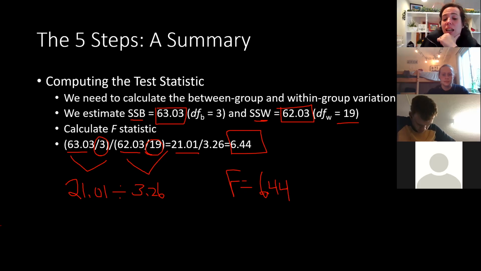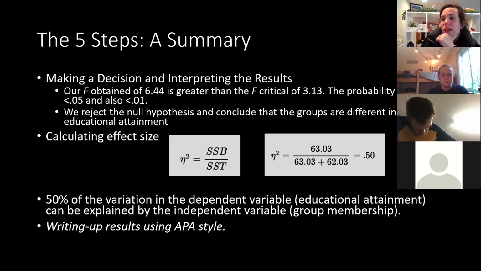Okay. Now I need to make a decision. In order to make a decision, I need to figure out what my F critical is. According to our degrees of freedom and our sample size, our F critical is 3.13.